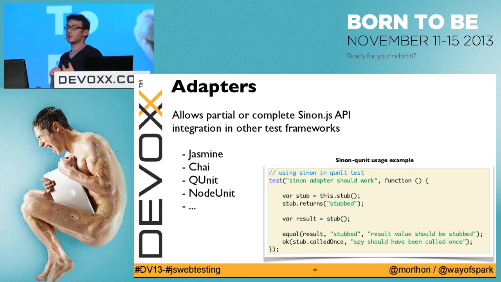In fact, you can use fake timers, you can use spies. In Jasmine, you can choose to use spies or not, because Jasmine has its own spy and its own spy assertion. So you can choose if you want to use the Sinon spies and assertions in Jasmine, or if you just want to use, for example, the fake timers or anything.